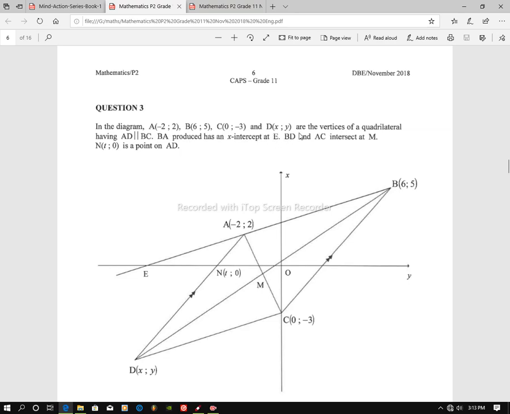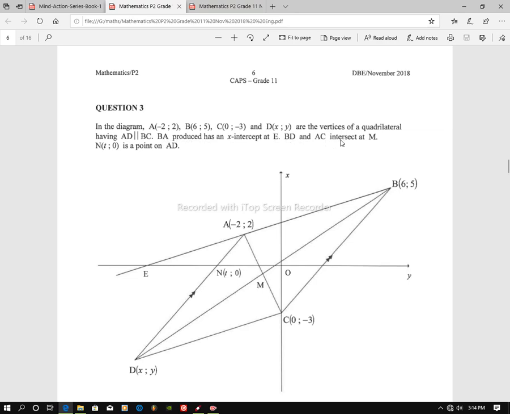A question might come and say, determine the coordinates of D. Moving forward, we are given that A, B, C and D are vertices of a quadrilateral having AD parallel to BC. So these two lines are parallel. BA produced has an x-intercept at E.